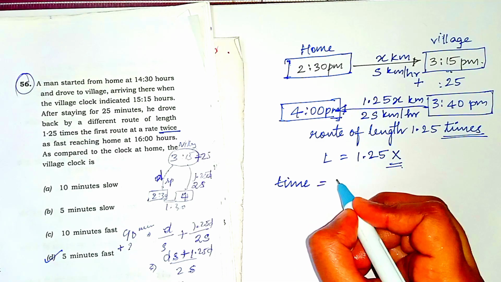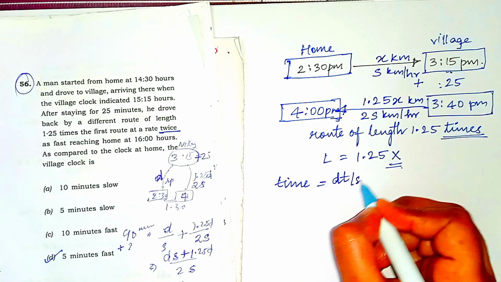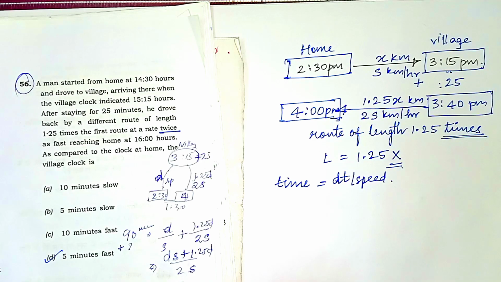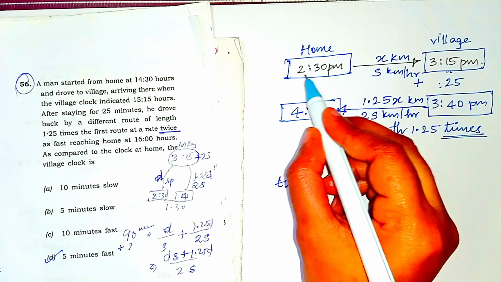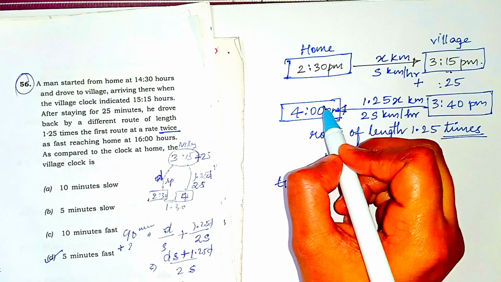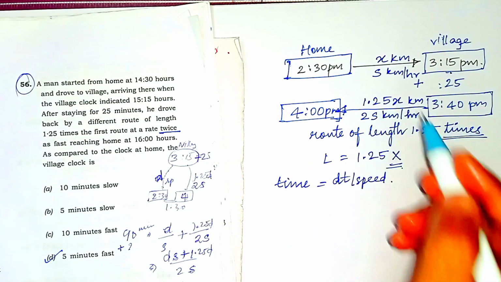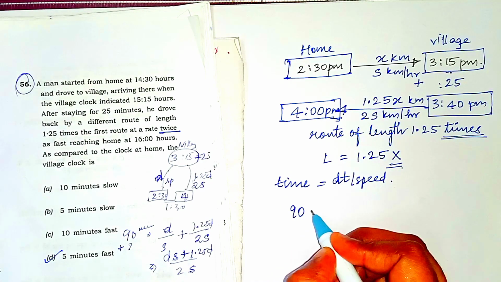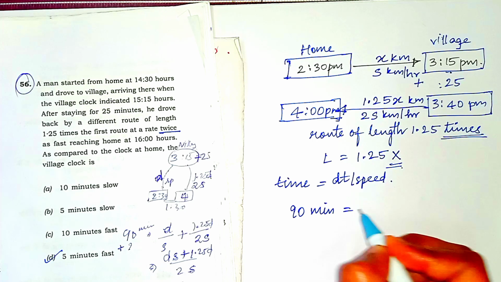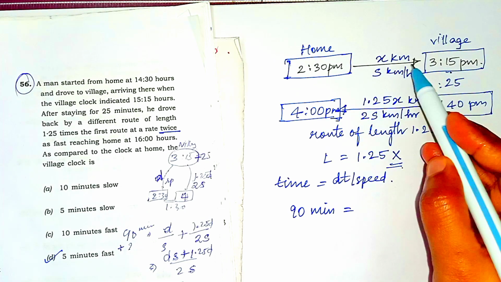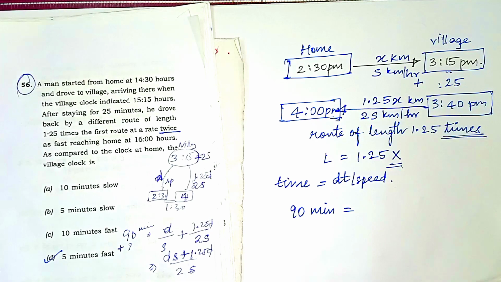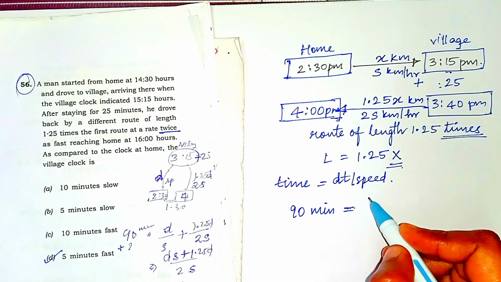Time is distance by speed, and with the given information we know that from 2:30 to 4 p.m. it is 1.5 hours. 1.5 hours you can take as 90 minutes, right? 90 minutes is equal to these information, we can add it.